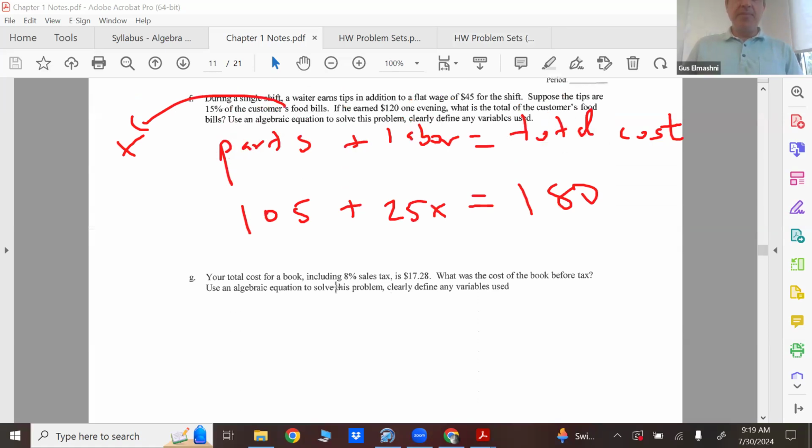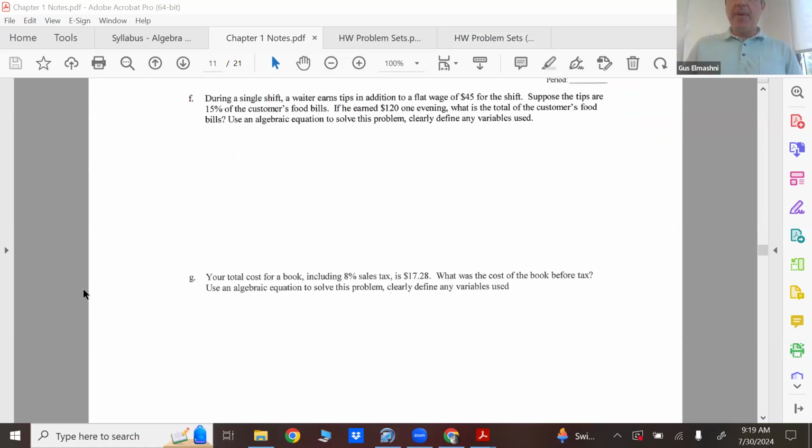Let's look at F. Percentages can be a little wonky sometimes, but if you think about it, if you work at a restaurant, you're told that you get a flat rate. So your flat wage plus whatever tips you get, because waiters and waitresses work for tips, equals your total pay.